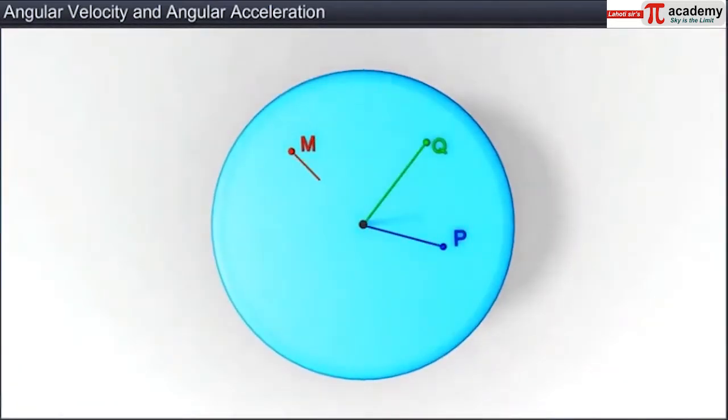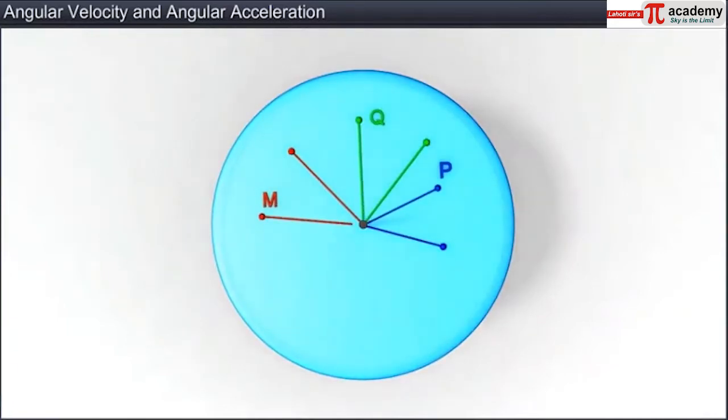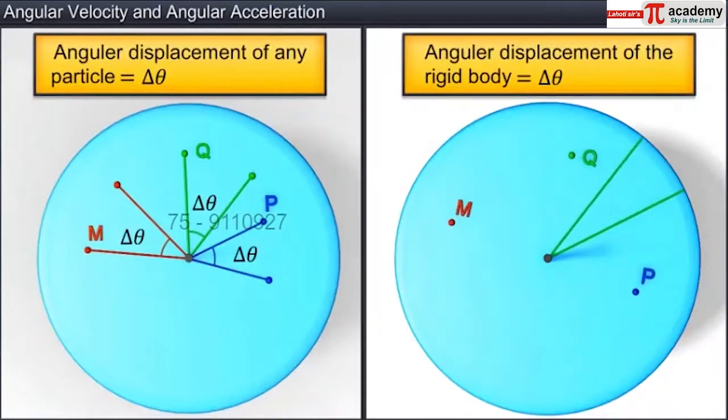In fact, when the rigid body is in pure rotational motion, the angular displacement of any of its particles is the same and is equal to the angle through which the rigid body is rotated about the axis of rotation.